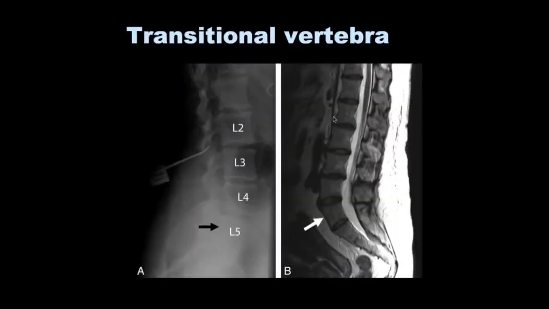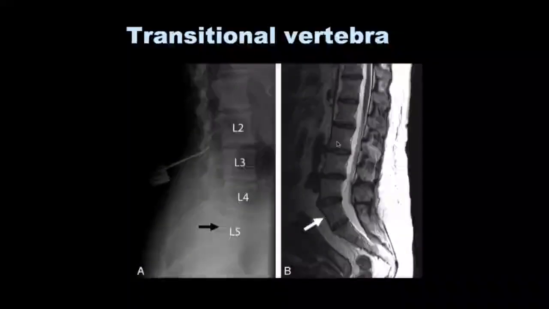So a quick word about the transitional vertebra. It's important to number the vertebra correctly. Transitional vertebra, usually you see that at the level of the lumbosacral junction, and there are plenty of articles out there, but we don't have a proper consensus as to how to define a lumbarized sacral vertebra or a sacralized lumbar vertebra.